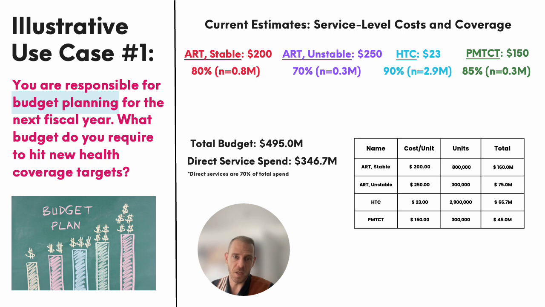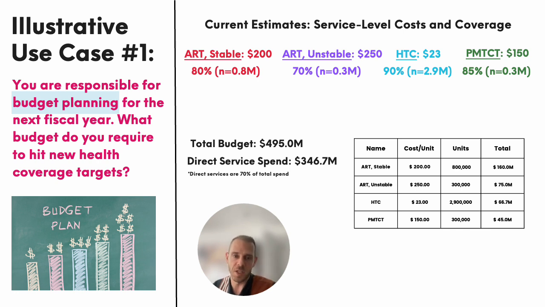We can also see that this is costing us a certain amount of money per year. So, for ART stable, for example, in this first field here in red, we can see that the average cost over the course of a year is about $200.